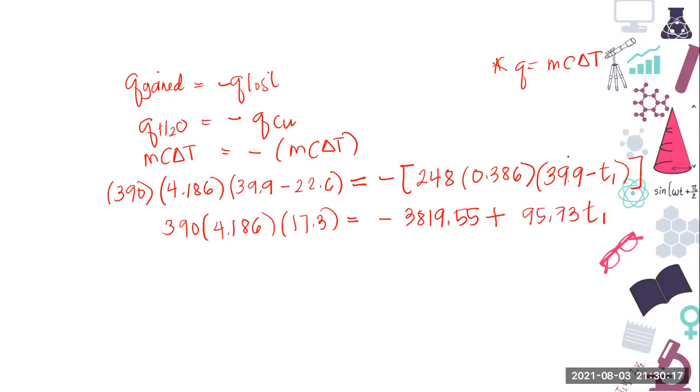And then negative times negative, that's a positive. So therefore, computing it in your calculators, the answer is 334.93 degrees Celsius. Or if you're getting values which are near 335 degrees Celsius, I'm going to accept them. So that is the initial temperature of copper.